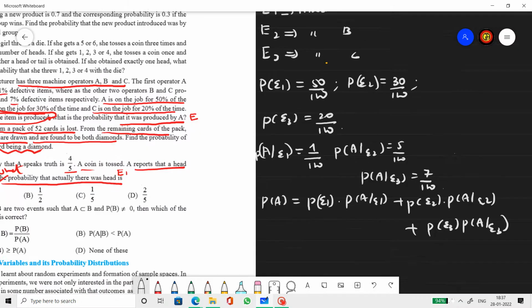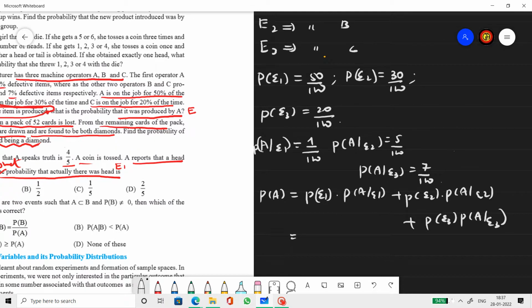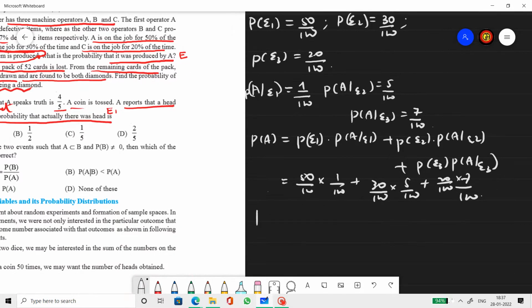So this is your total probability, which is 50 by 100 into 1 by 100, and then 30 by 100 into 5 by 100, and then 20 by 100 into 7 by 100. So this is our total probability, and what we need to find is E1 given A. I think you all know how to deal with this now. So P of E1 into P of A given E1, divided by P of A.